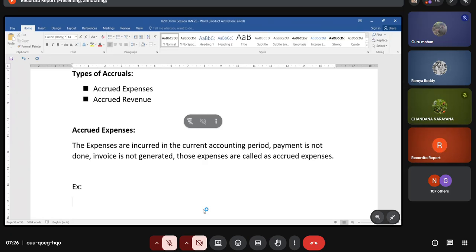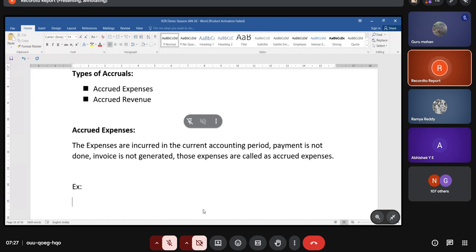January. So here the expense is incurred in the current accounting period, but the payment is not yet done. If you pay in the same month, there is no need to record any accrued expenses. That is a cash transaction. You will record it whenever the payment is made.